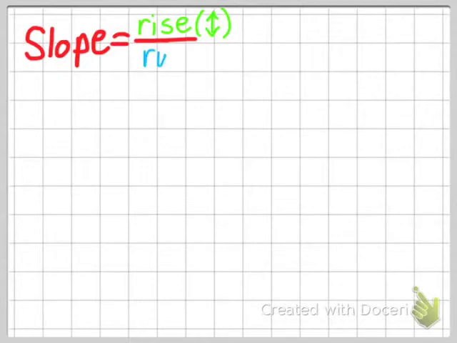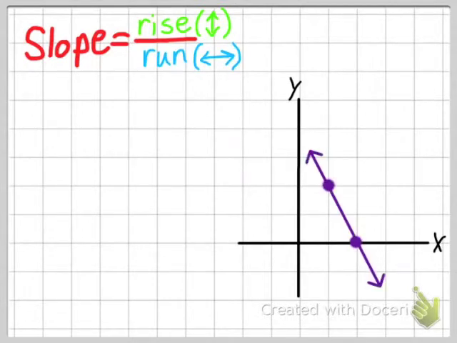Remember, slope is equal to rise over run, so rise is up and down, and run is left or right. The first thing we need to do is pick out 2 points, and these 2 points are already labeled for us. To find the slope of this line, we do rise, so from the bottom right point, we go up 2 and then left 1.